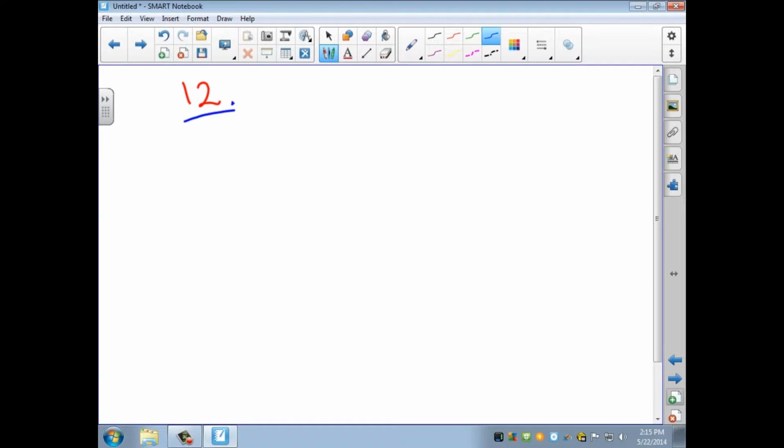It says sketch a graph of the function 3x minus 4y equal 24. Three x minus 4y equal 24.